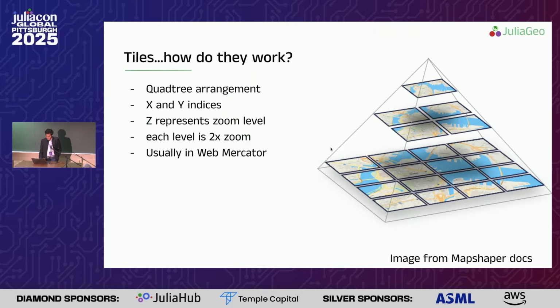The way these tiles work is they're arranged in a quad tree. You start from zoom level 0 effectively, and usually they'll go up to about what they call zoom level 19. Each zoom level is twice the magnification of the previous.